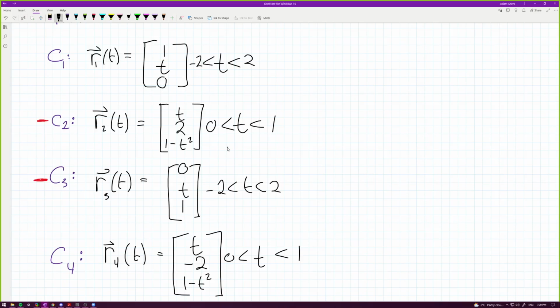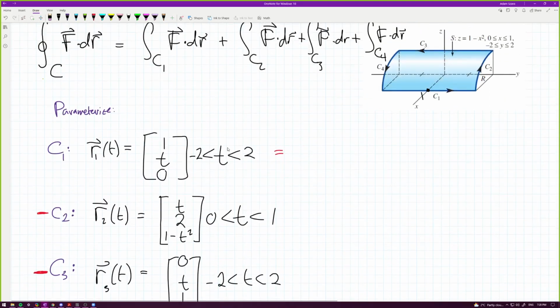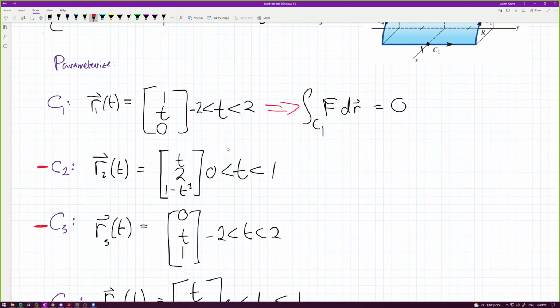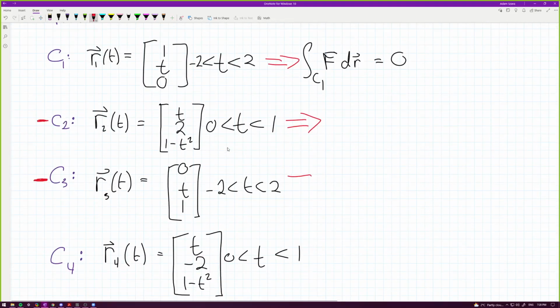Oh, C1 is 0. So, sorry, to be clear, the line integral over C1 of F dot dr is equal to 0. This one we will calculate. This one is equal to 0, so the integral over C3 of F dot dr is equal to 0.